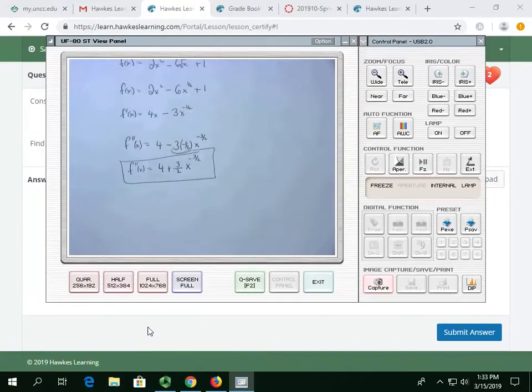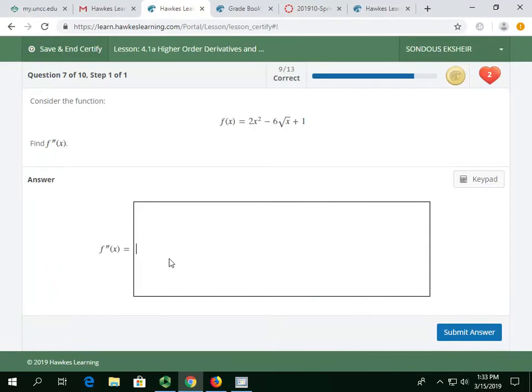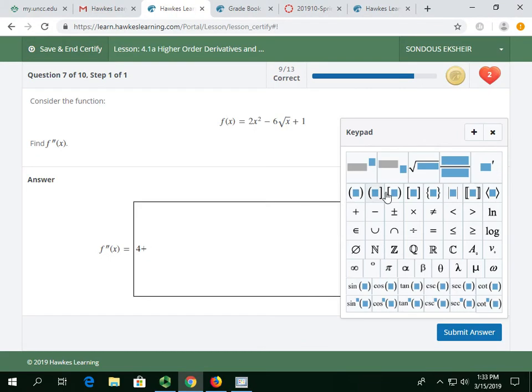So my derivative was 4 plus, I had a fraction, so let me use my little keypad for my little fraction. My fraction was 3 over 2. I'll arrow over on this one, and I've got to do x, but I want to raise it to a fraction, and that fraction was negative 3 over 2 power.